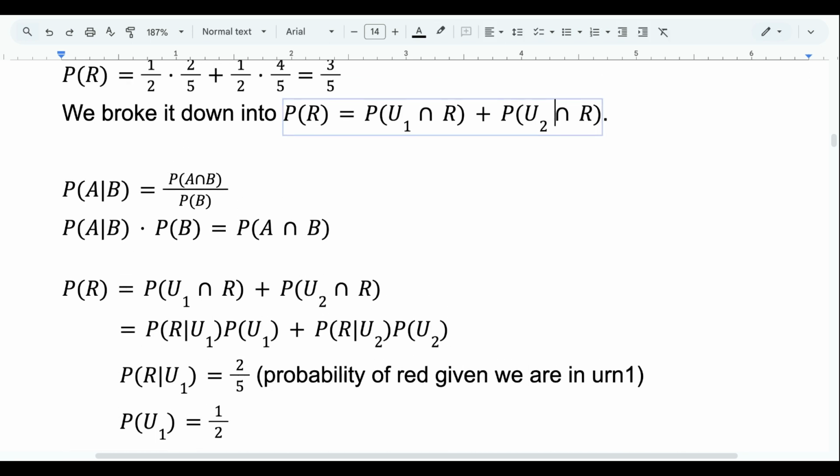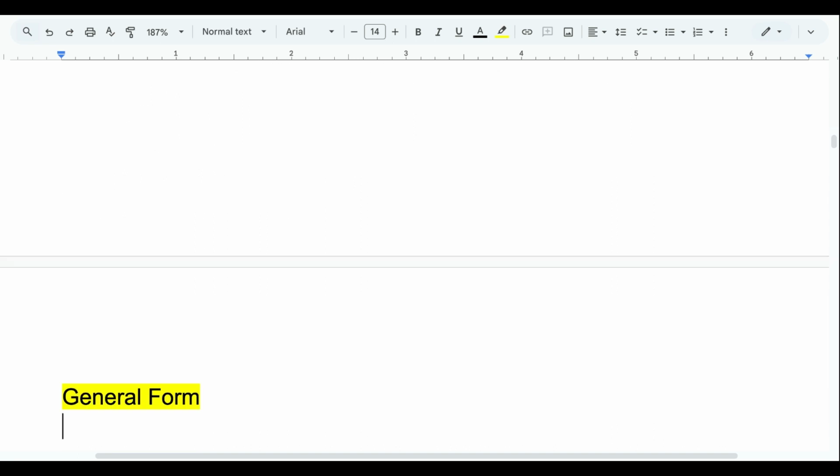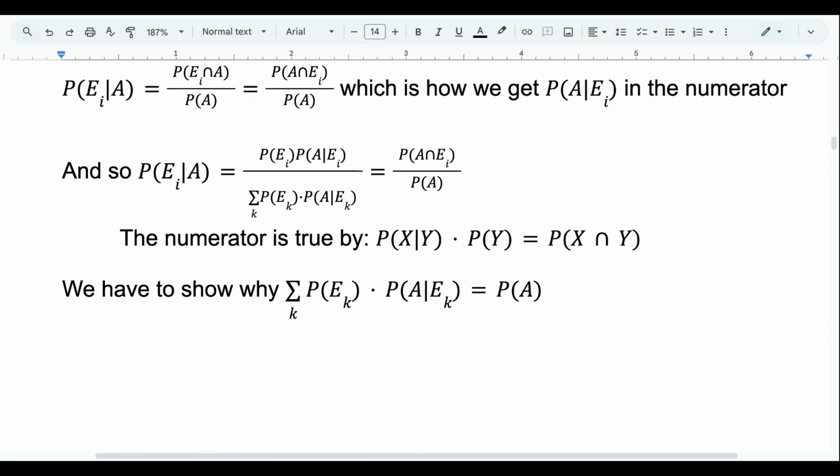So essentially, we're expanding out to a situation where you have several urns, more than two, and you would get this summation type formula in the denominator. That's the basic idea of how we get this denominator expression.